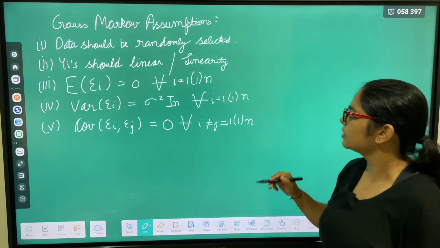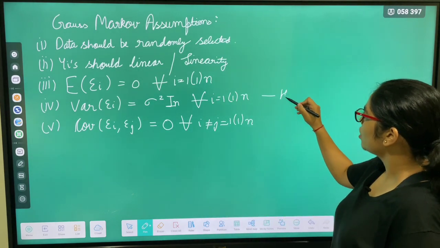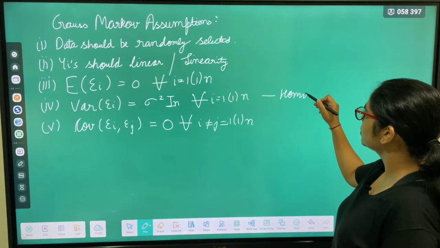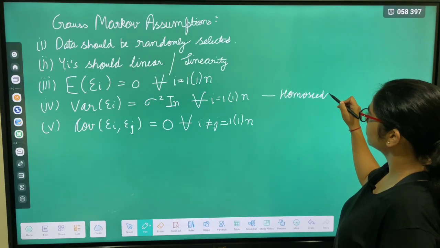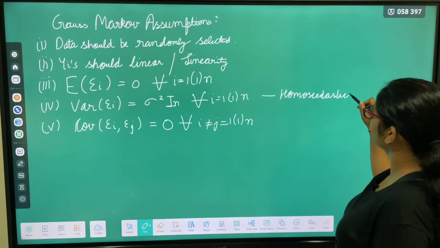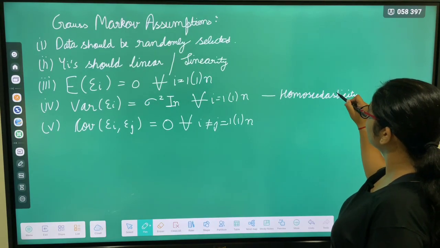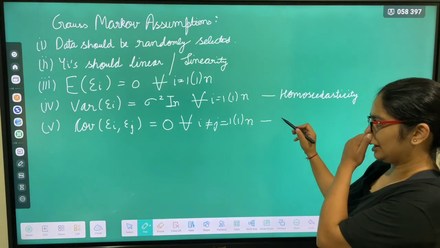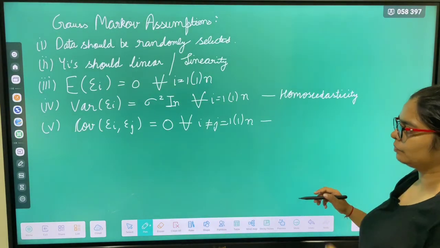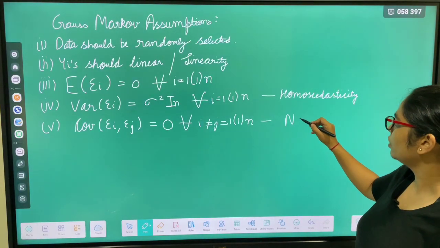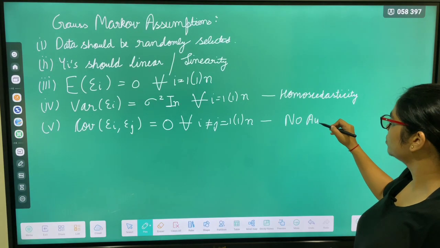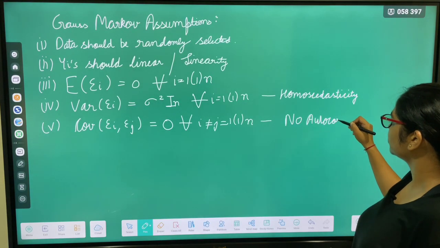Now this variance property is known as homoscedasticity. And this property is known as no autocorrelation.